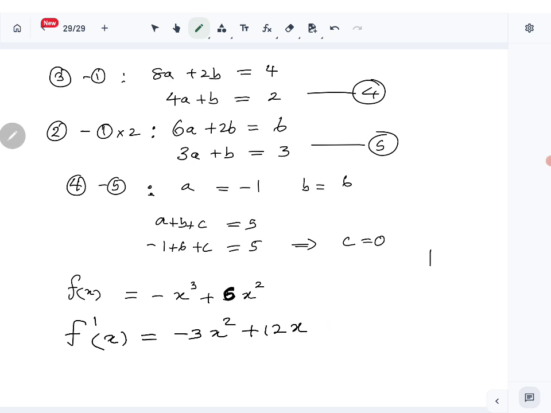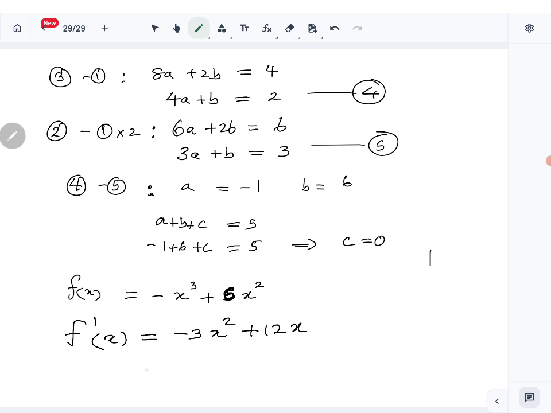So we want the maximum value of the gradient. This is a quadratic, so you can complete the square or use stationary points to check whether the maximum value is 12 or not.